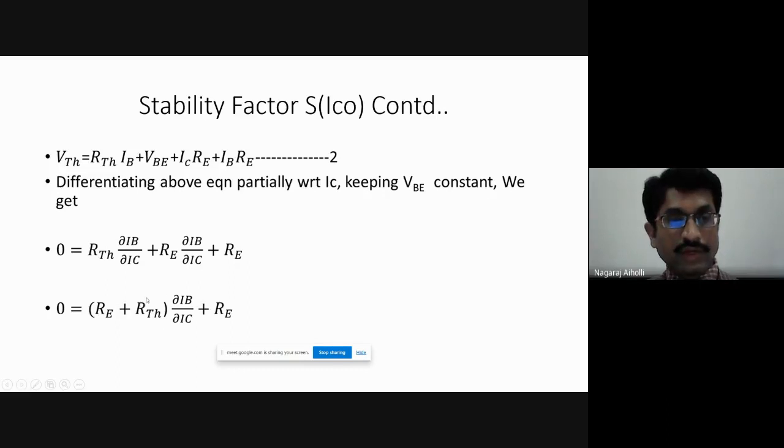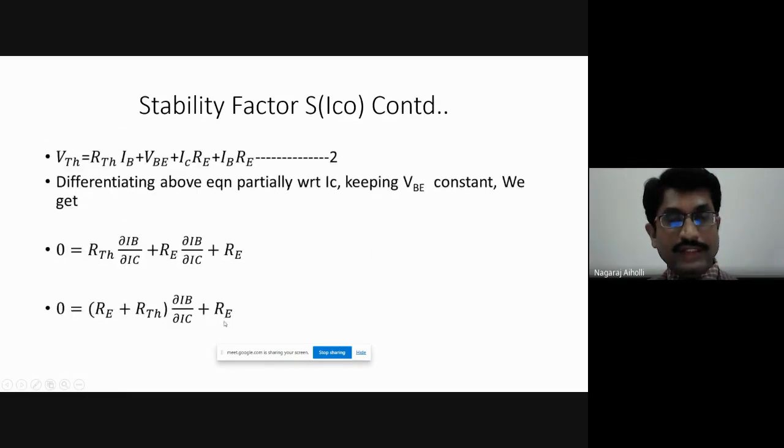So 0 will be equal to, taking ∂I_B/∂I_C common outside, ∂I_B/∂I_C multiplied by R_TH plus R_E, plus this R_E.